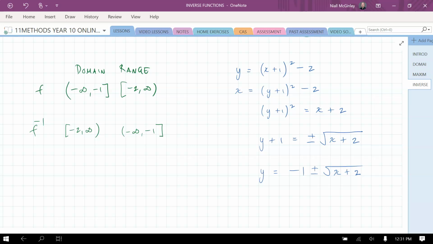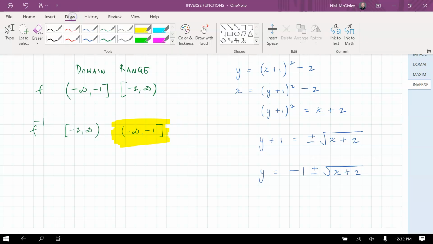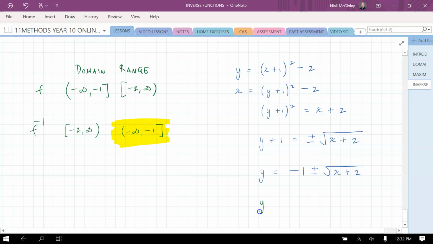So this is why it's a good idea to have your table here. What we look at is the range. This is the range of our inverse function. So the range is going from negative infinity to negative 1. Now if we think about this function, how do we get values between negative infinity and negative 1?